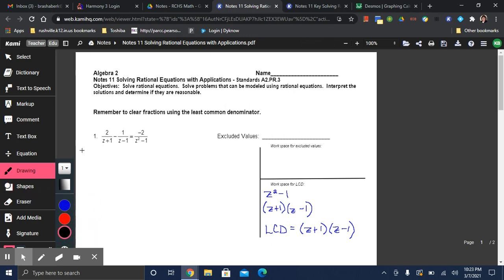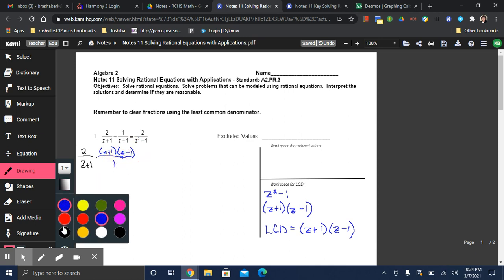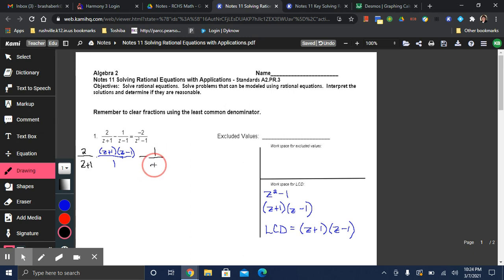So we'll start with 2 over z plus 1 and multiply that by the common denominator of z plus 1 times z minus 1 over 1. And then we have the next fraction with a minus sign in front of it, minus 1 over z minus 1.